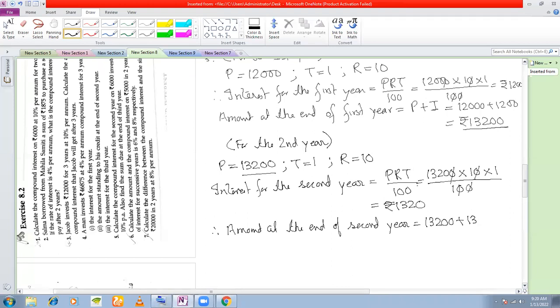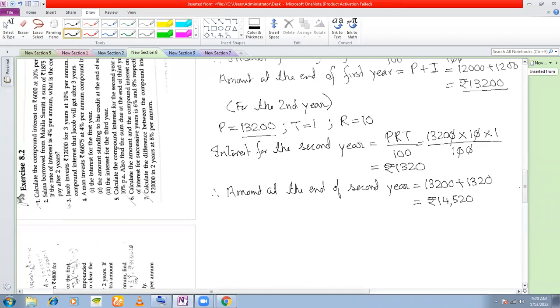At the end of second year, this should be 14,520. Okay. This is the amount that you will get after the end of second year.